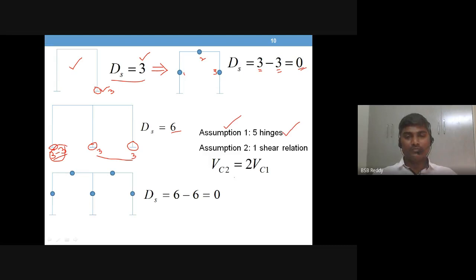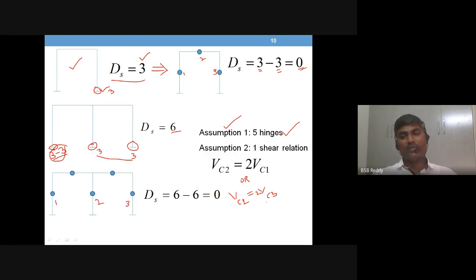What is that? Say column number 1, column number 2, column number 3. So V, that means shear in column 2, that means interior, is equal to 2 times the shear in column 1, or V in column 2 is equal to 2 times V in column 3.